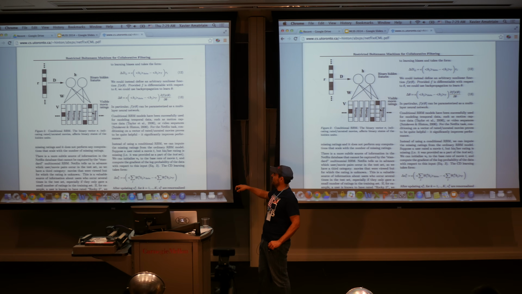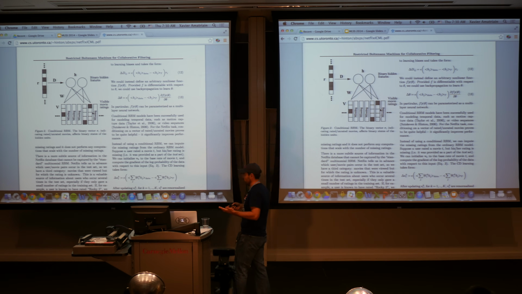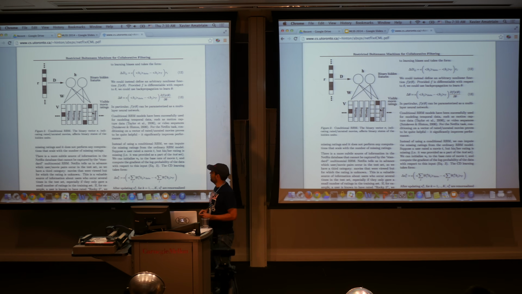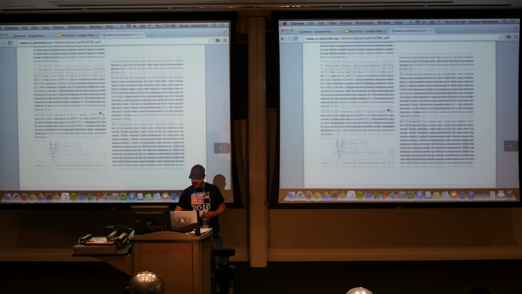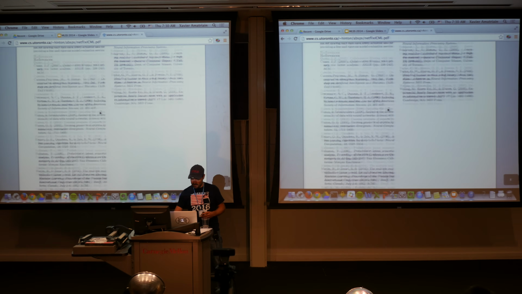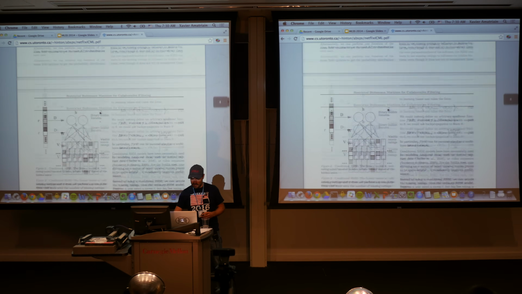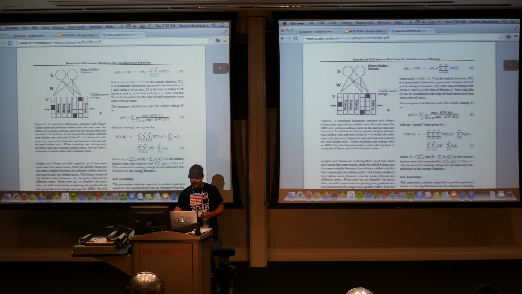And the idea here is that you have a 5-state softmax unit, and the 5 states correspond to the ratings, the 1 to 5 rating. Oh no, here it is.